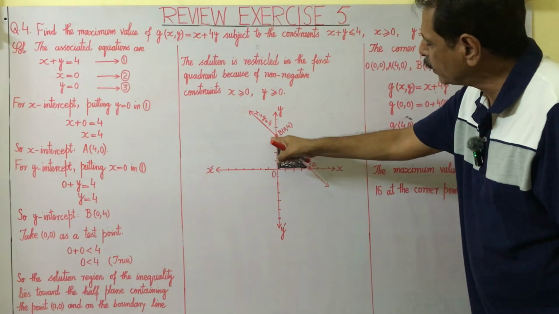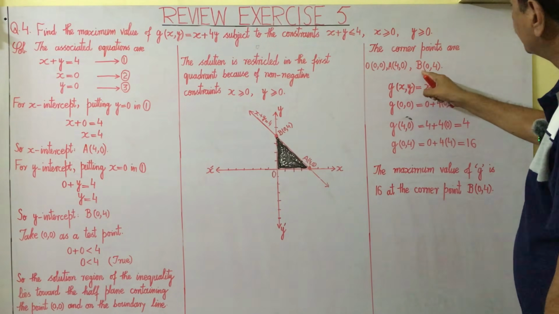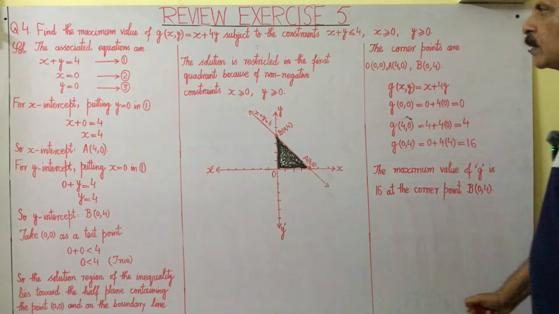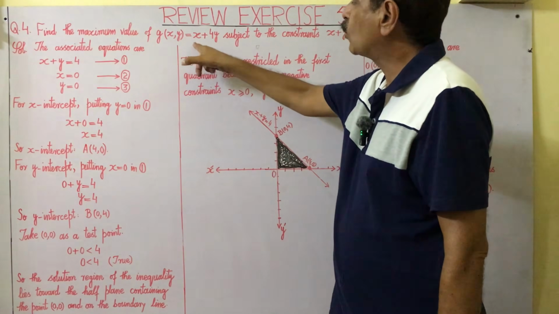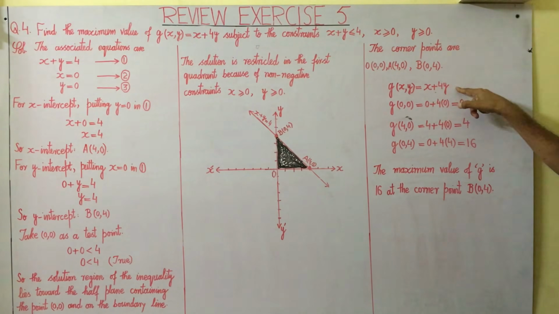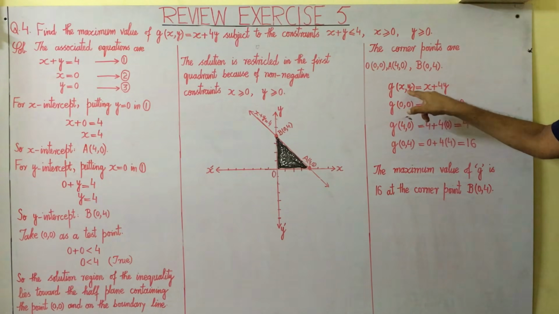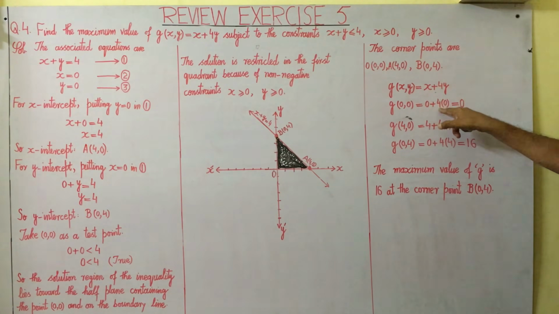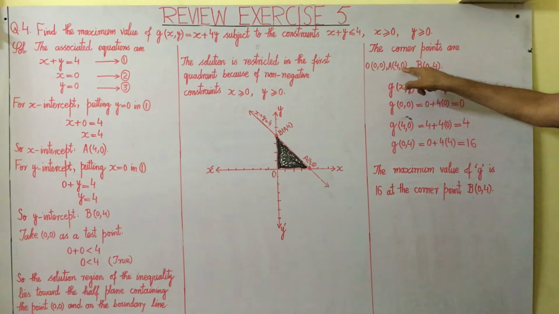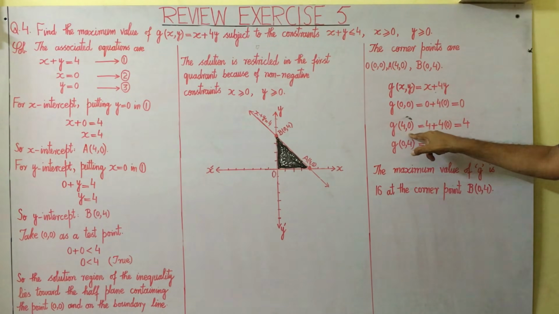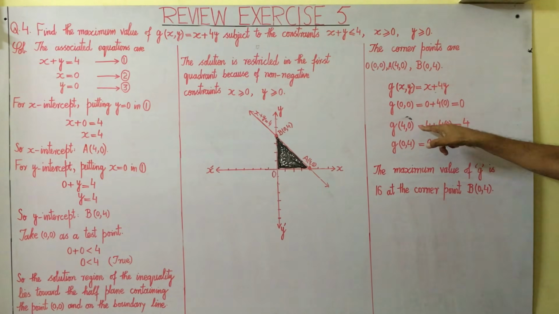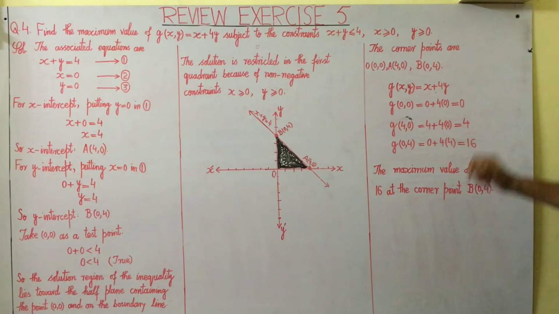And the third corner point is B, (0, 4). g(x, y) = x + 4y. g(0, 0): replacing x by 0 and y by 0, 0 + 4 × 0. 4 zeros are 0, plus 0 is 0. g(4, 0): replacing x by 4 and y by 0, 4 + 4 × 0. 4 zeros are 0, plus 4 is 4.